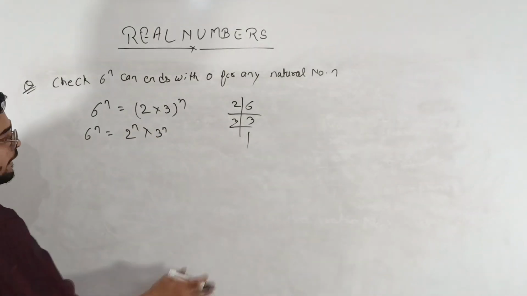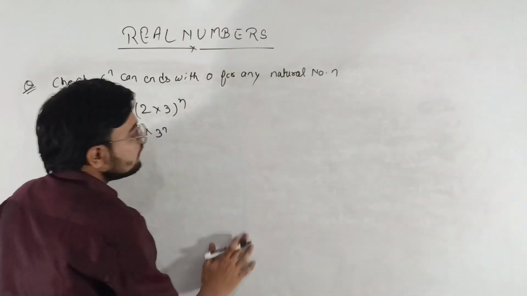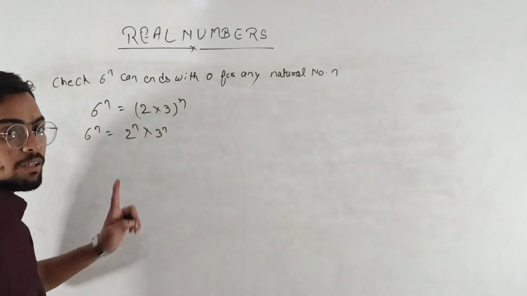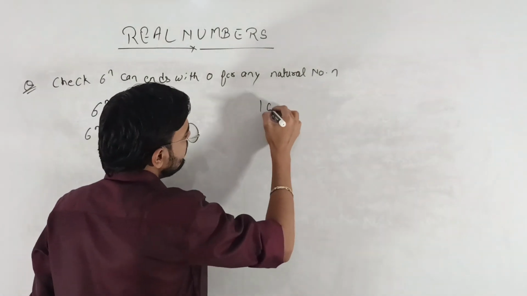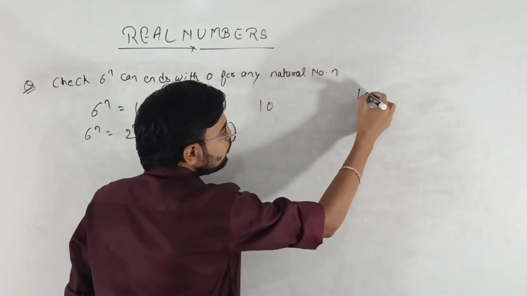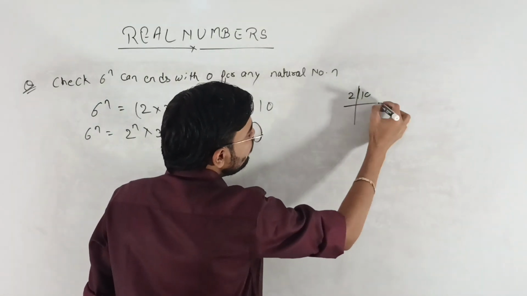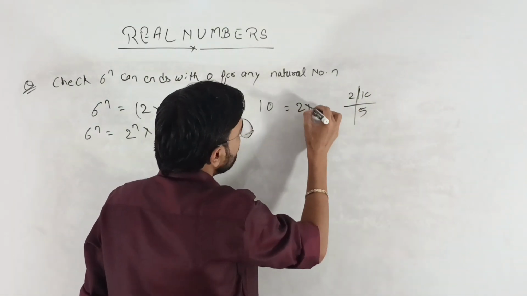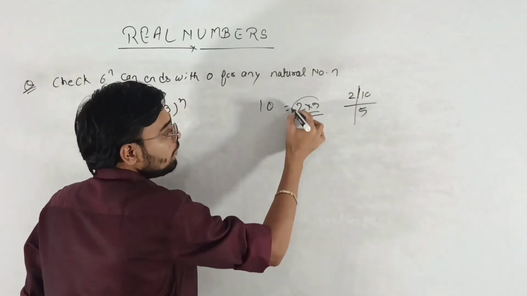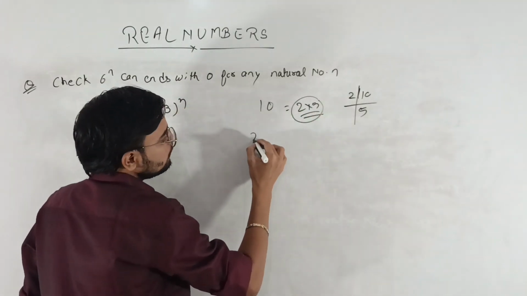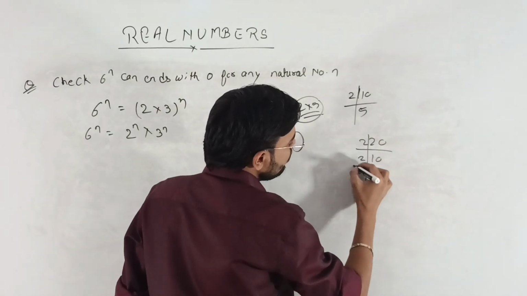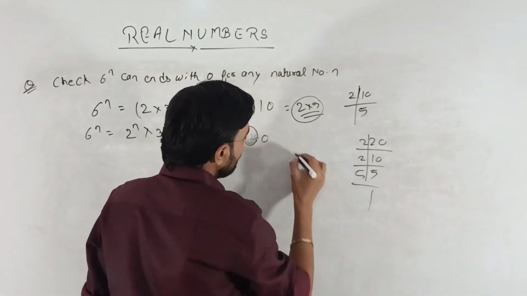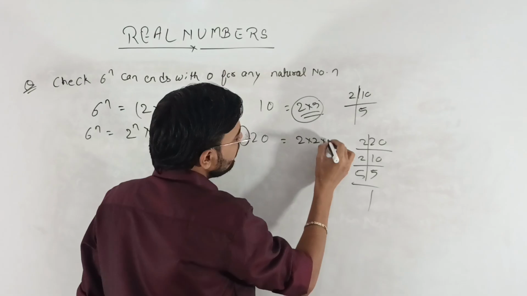Now look, if any number ends with 0, then this number has to have 2 and 5 in its prime factorization. Suppose this is 10, and 10 ends with 0. If you do the prime factorization of 10, it is 2 into 5. So 2 and 5 are in the prime factorization of 10. Suppose 20, then do its prime factorization: 2, 10, 2, 5, 1. You look, 2 into 2 into 5.